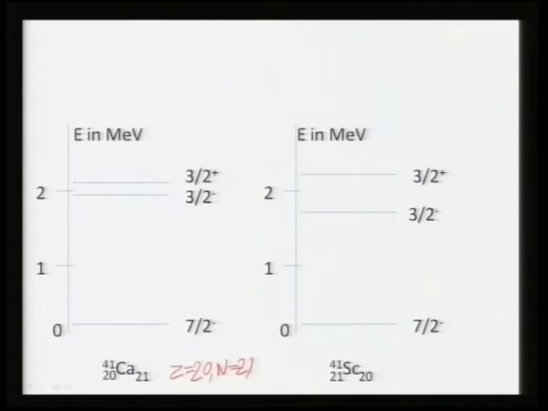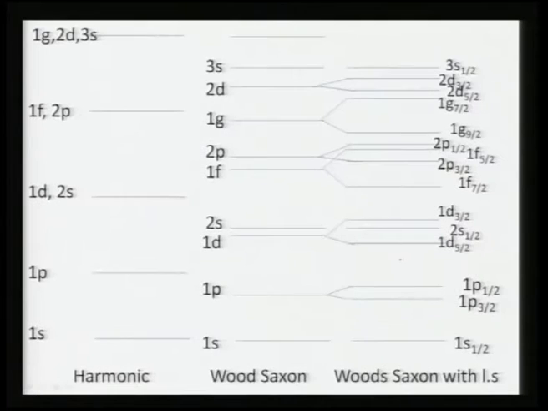So, this 21st neutron should go there. Should I show you the original diagram? This one, your shell closes here, this is 20. So, 20 protons, 20 neutrons will fill the major shell, and that last neutron will be here in f 7/2, and then with excitations you will have different energies.